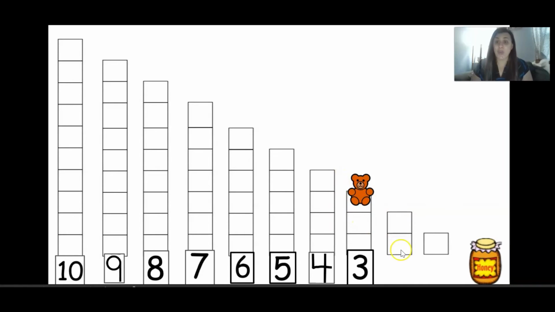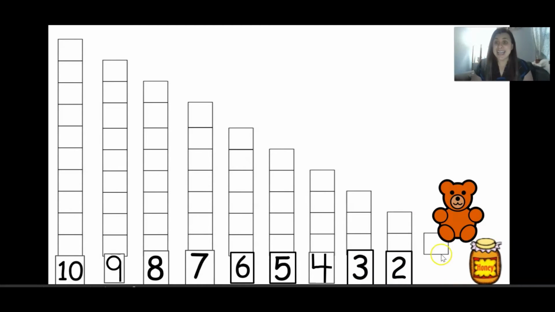You're taking away 1 cube. We go to this number tower. We now have the number 2 because 2 is 1 less than 3. He's so close. 1 is 1 less than 2, and he's at his honey.